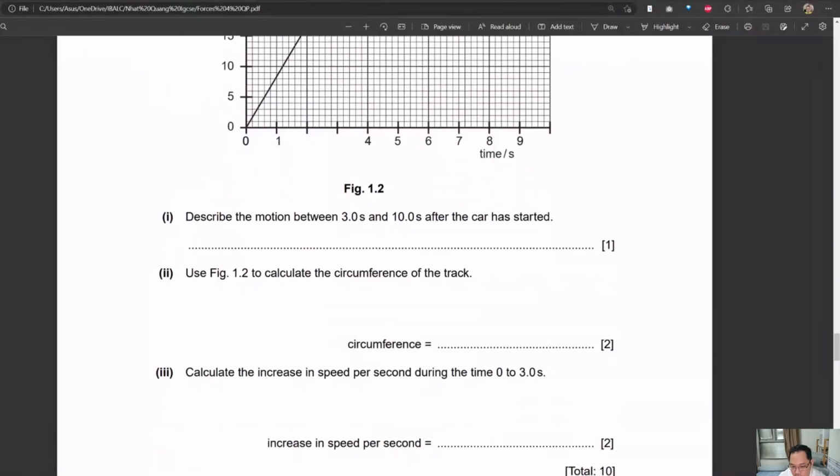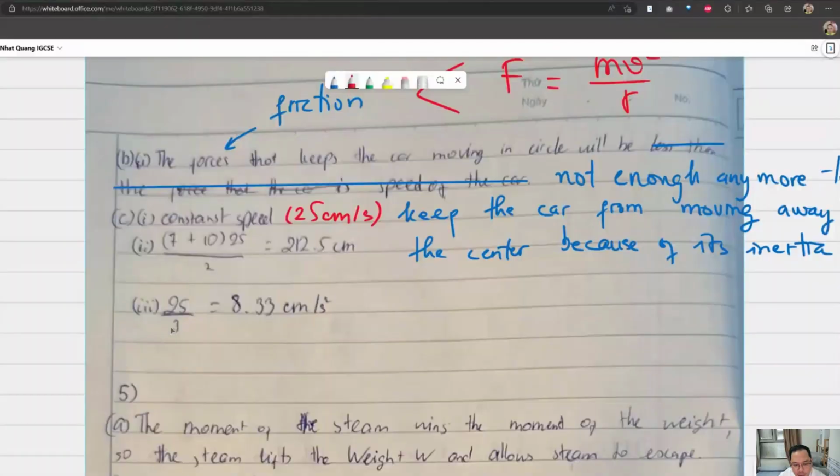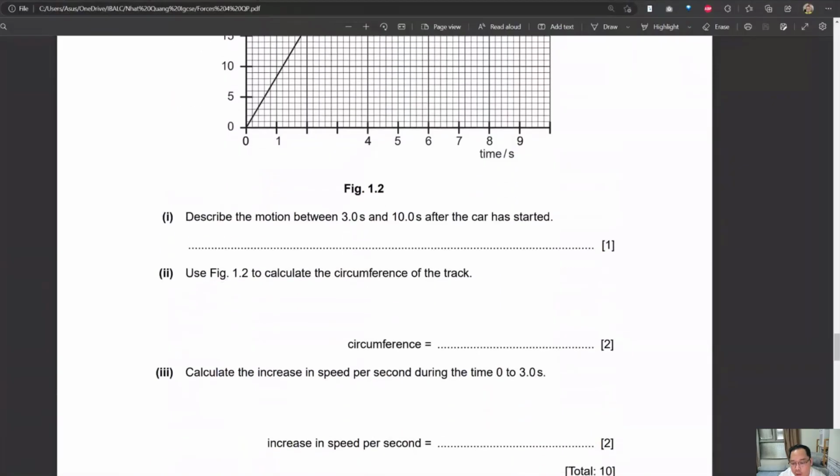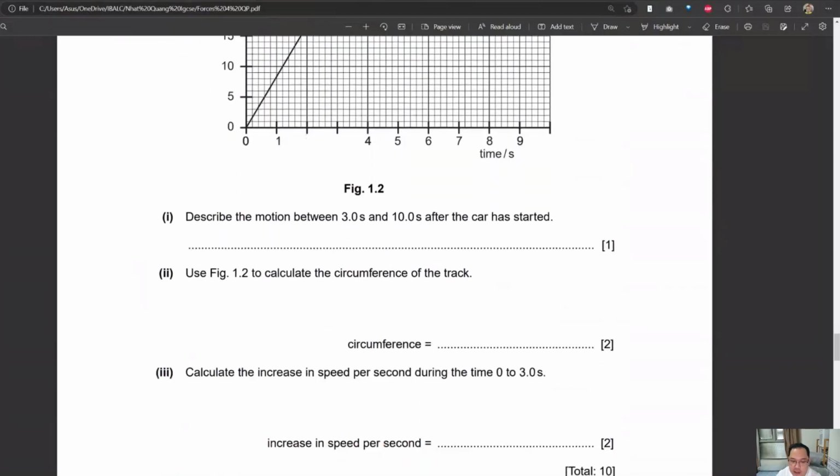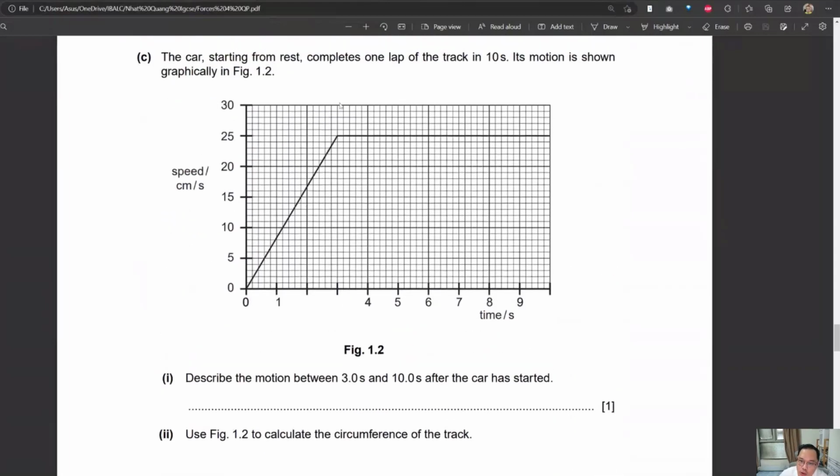Calculate the circumference of the track. The way to answer this question: the circumference of the track is actually the total distance that this car traveled in 10 seconds, not only in the last 7 seconds.